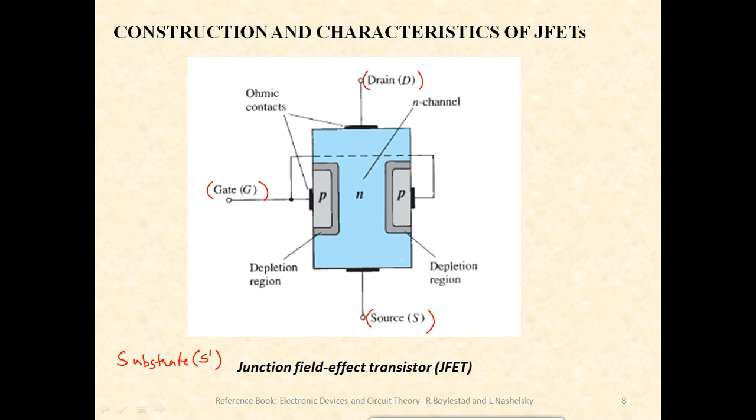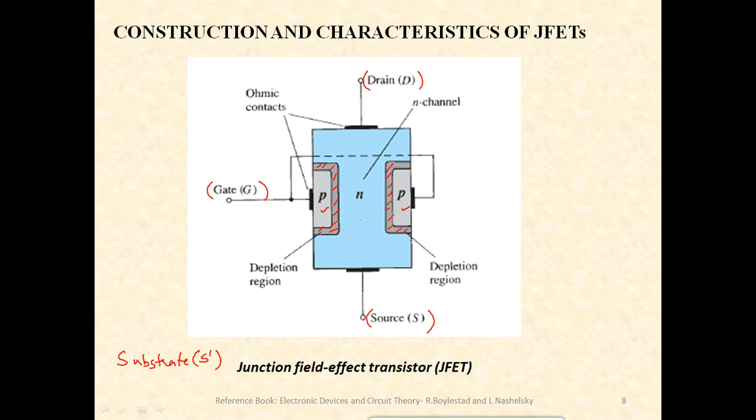This blue colored region is of N type, and the gray colored portions on the left hand side and on the right hand side are of P type, and the dark colored gray portion is the depletion region present between P type and N type. It is present on both sides, left hand side and also right hand side.